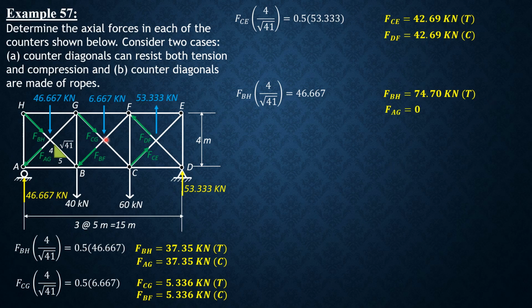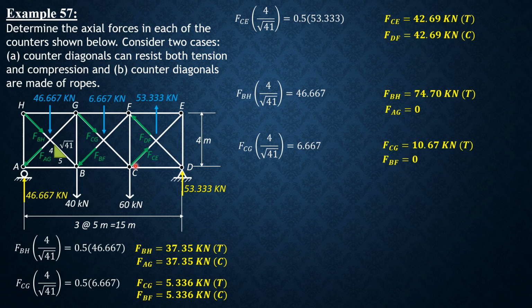Then FCG times 4 over square root of 41 is 6.667. So FCG is equal to double the first, so 10.67 kilonewtons tension, while FBF, which is in compression, by assumption B, is 0 because it is in compression.